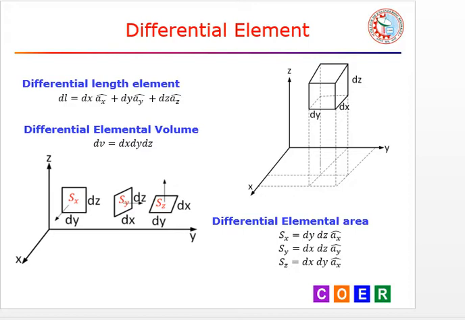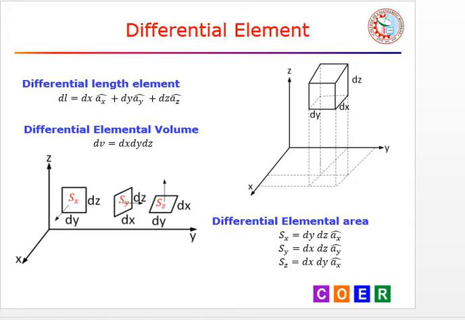After that, you can say dx equals the differential length in the x direction, dy represents the differential length in the y direction, and dz represents the differential length in the z direction.